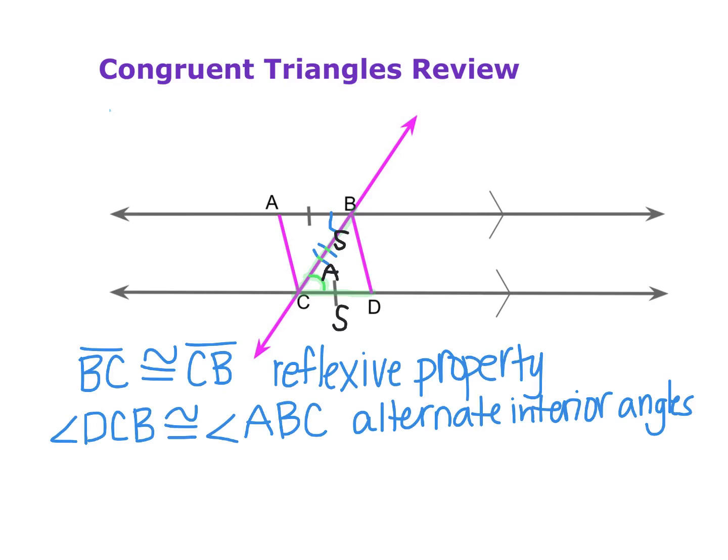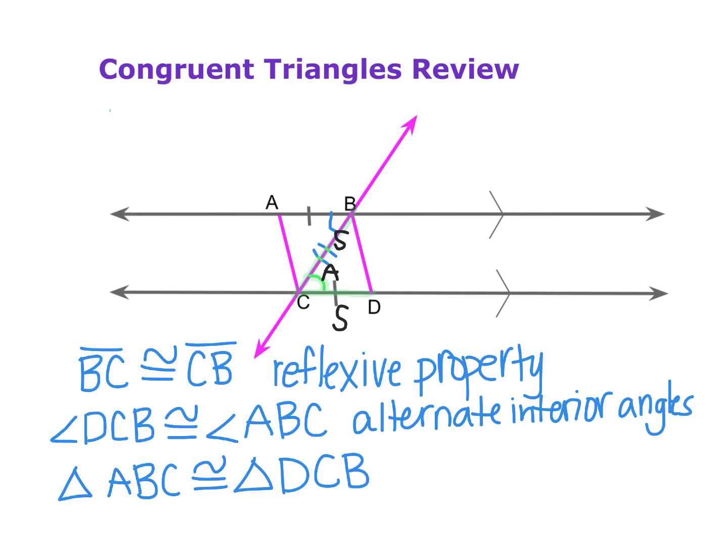So my last step would be to say that triangle ABC is congruent to triangle DCB. And I want to make sure that the order that I'm putting those letters in is corresponding correctly.